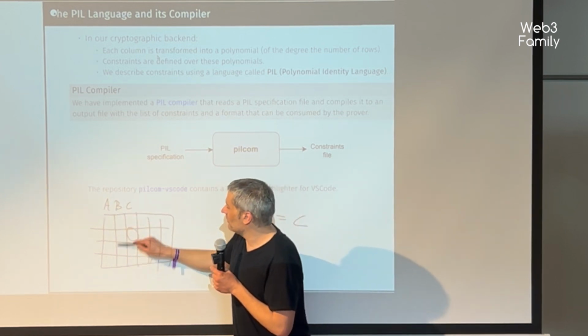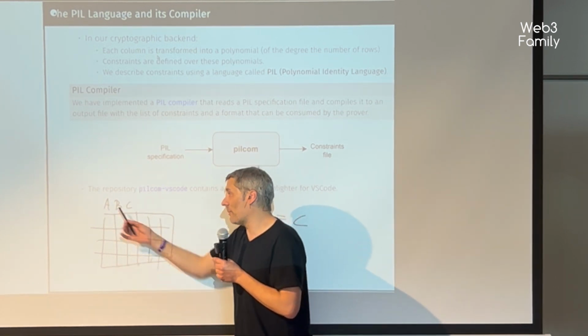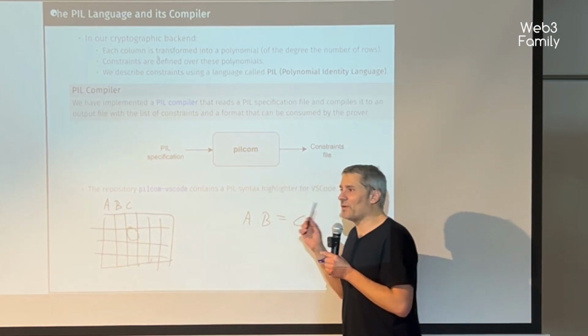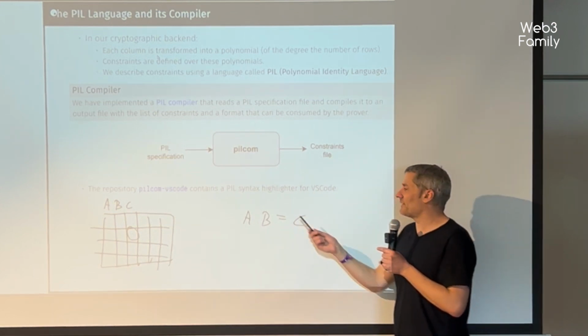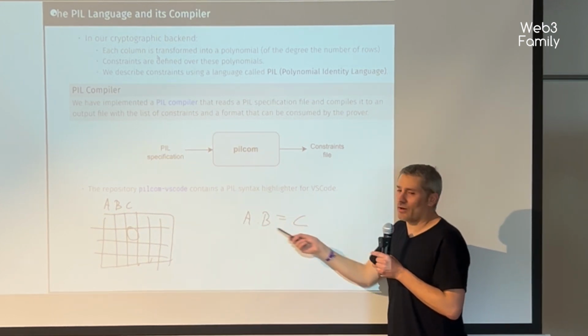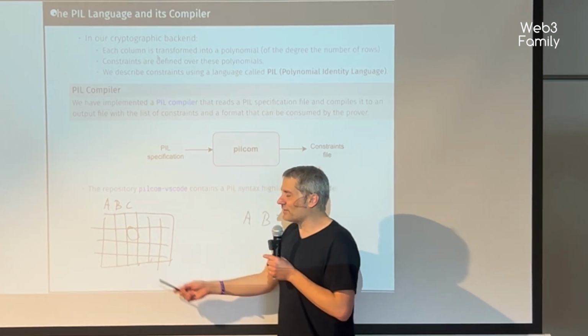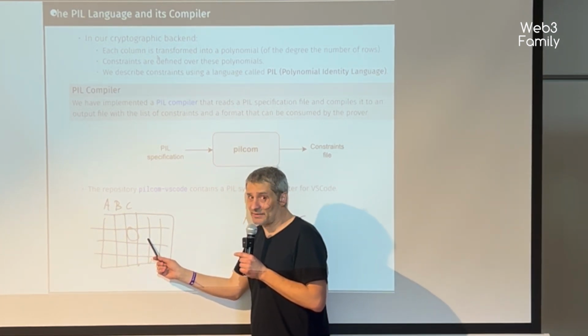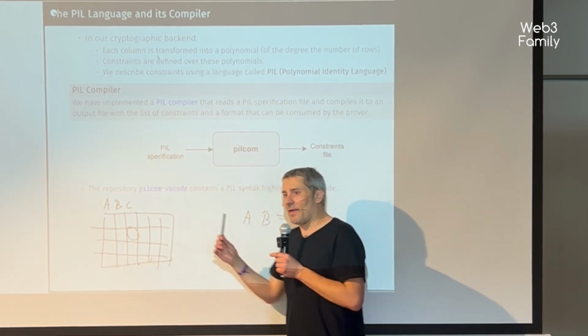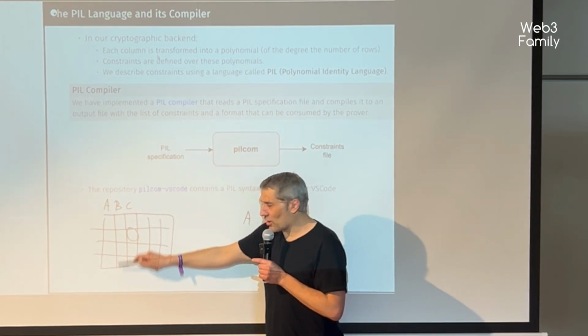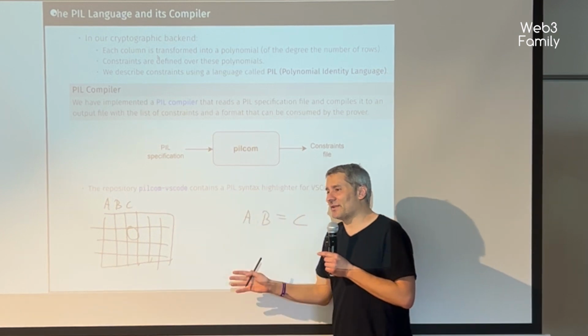Each column is transformed into a polynomial. So finally, what we do is create constraints between polynomials. The first step is that the executor needs to generate this execution trace, reading the assembly, and then we take each column and convert it into a polynomial.